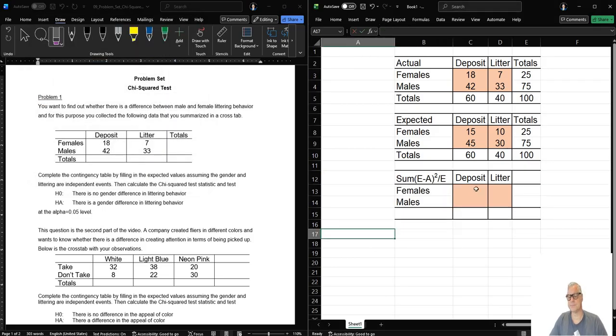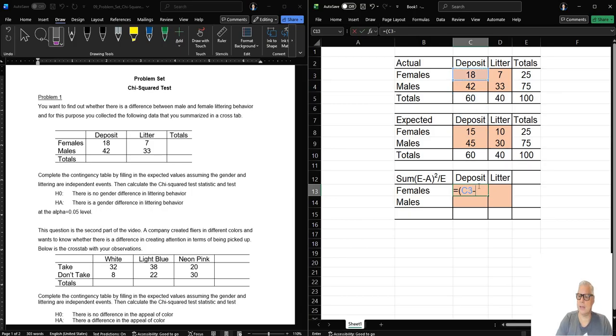Okay. So now we just can use the formula. So for the first event, which is female and depositing, we have an actual observation of 18. So the difference to the expected is 3.